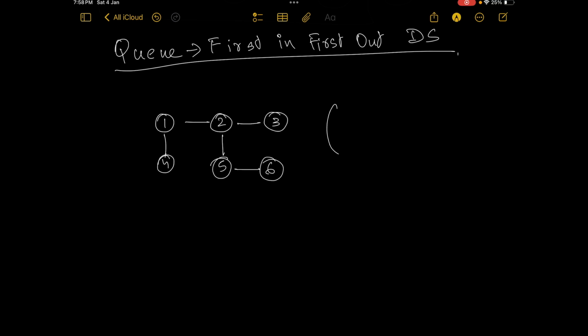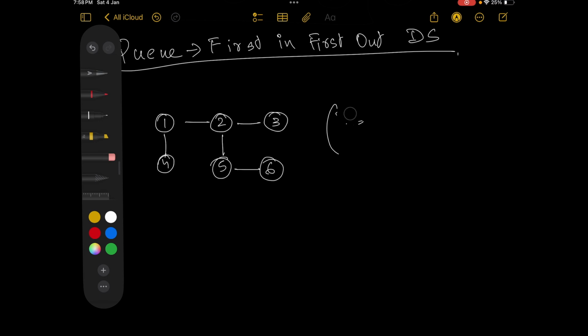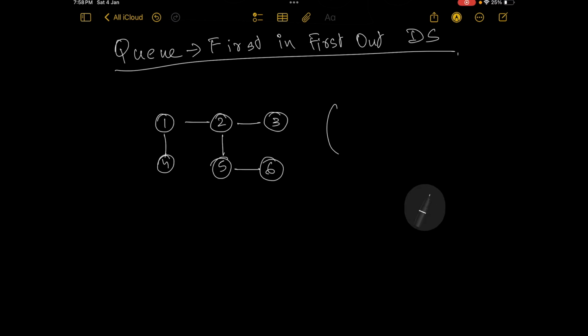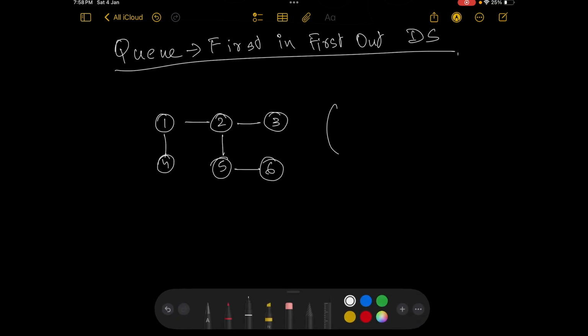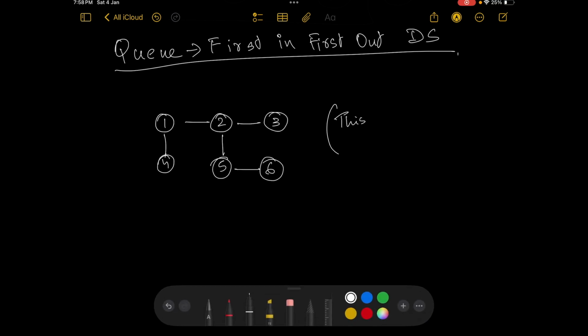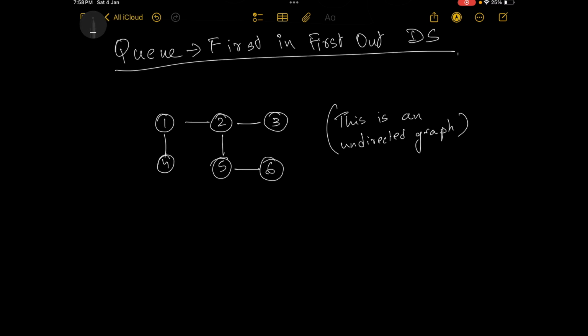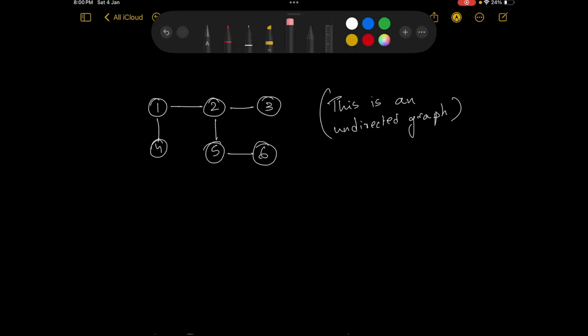This is an undirected graph. What do you mean by an undirected graph? A graph where the direction is not mentioned.